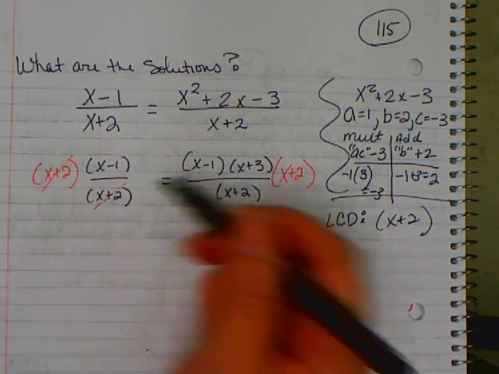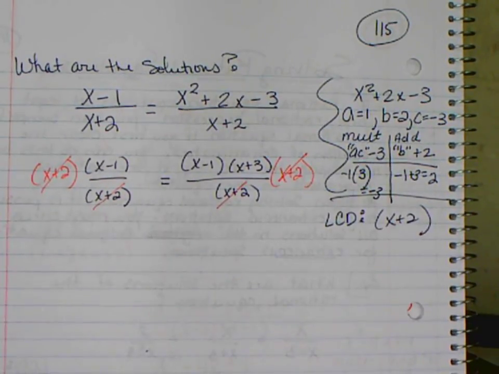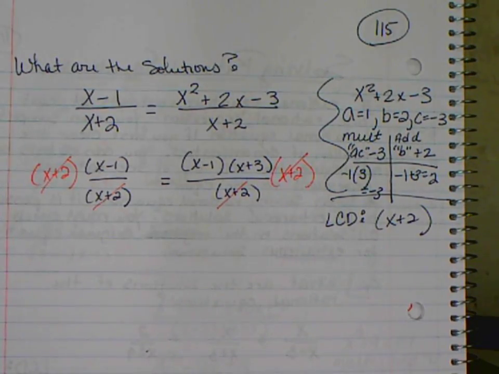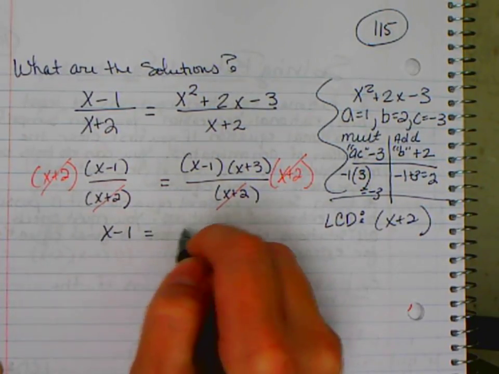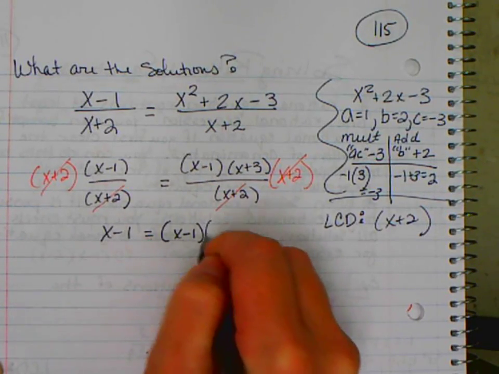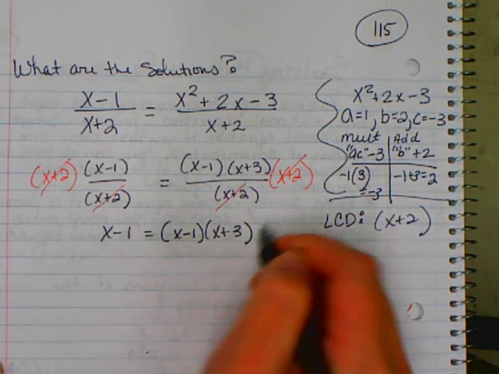Obviously, these are going to cancel, and these are going to cancel. And then I'm left with x minus 1 equals x minus 1 times x plus 3.